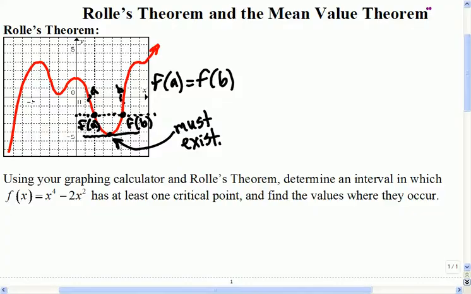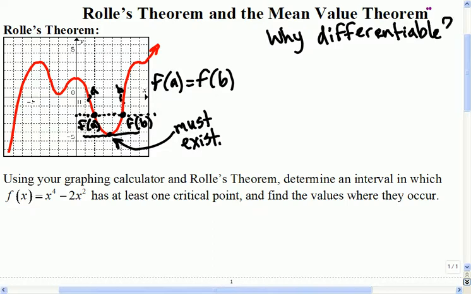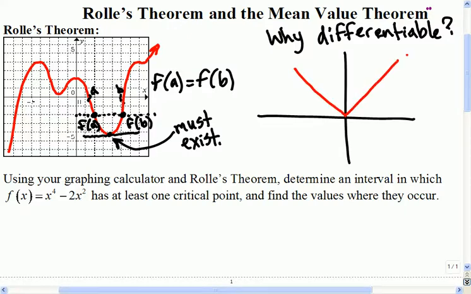Let me show you why it has to be differentiable. Sorry, I'll put it up again in one second, Anthony. Here's a well-known graph: let's say I go to -2 and I go to +2.